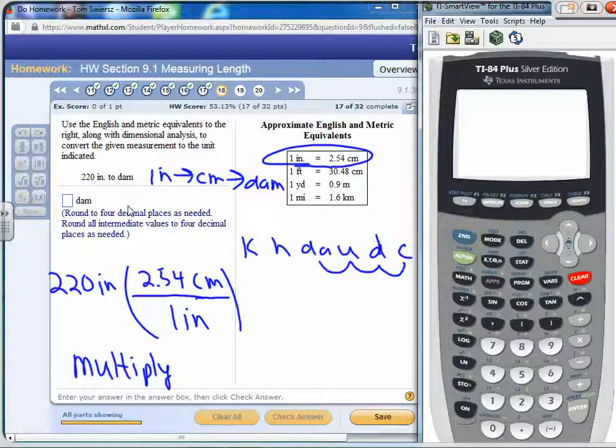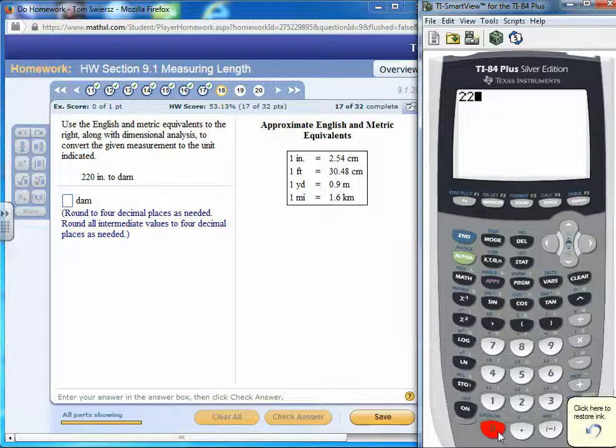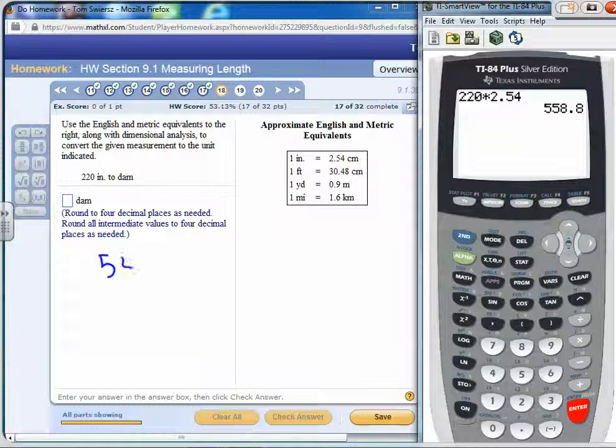So we'll have 220 inches times 2.54, and that gives us the number of centimeters, 558.8. So now we have 558.8 centimeters. Now we want to convert to decameters, right?